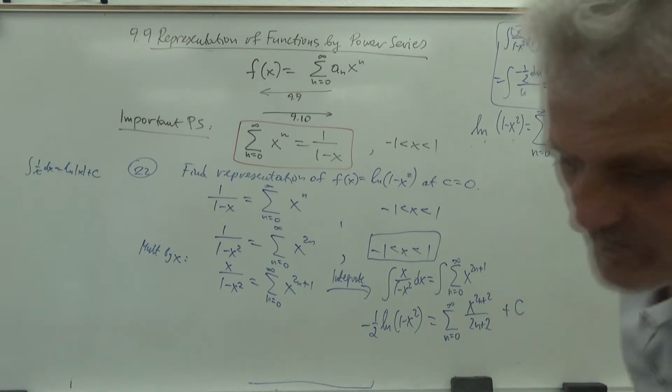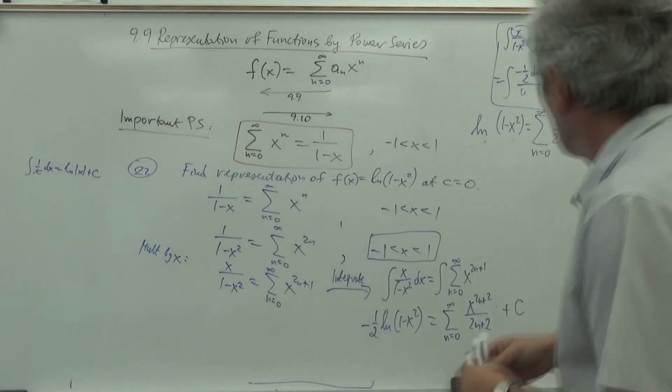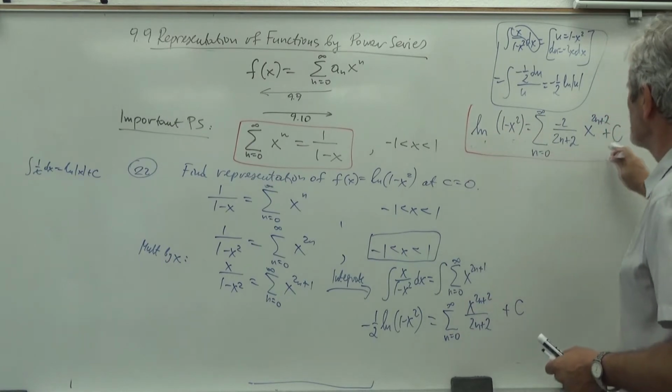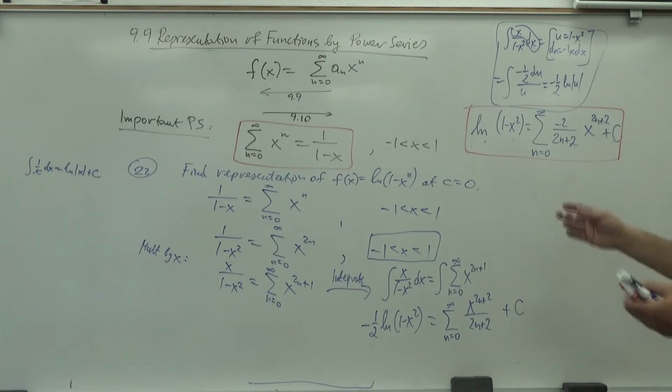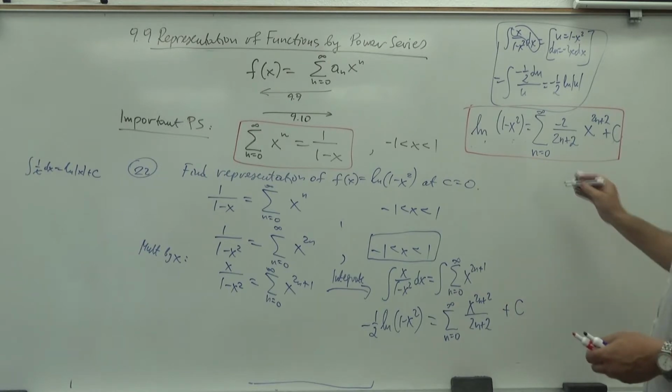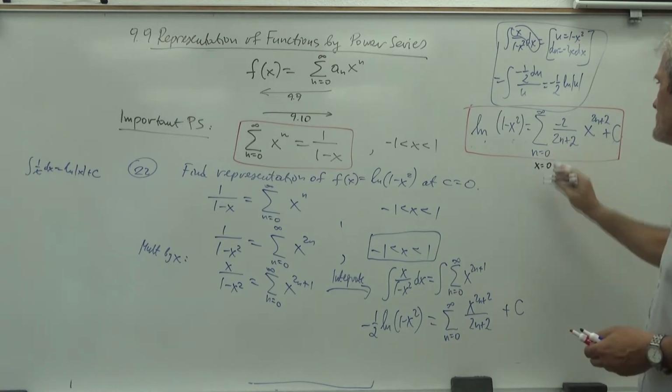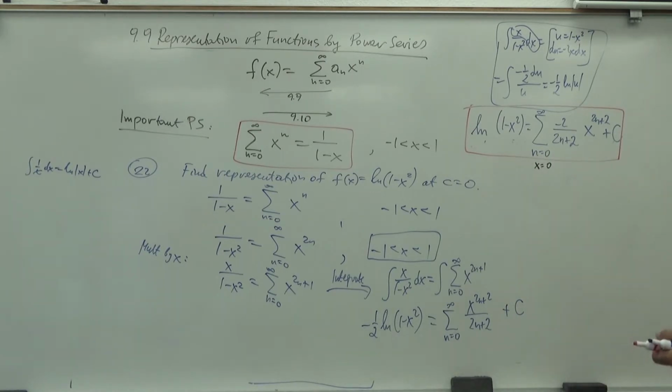So that's our almost final result, but to get the final result we have to decide what c is, because that sum is a fixed function, not something that has c ambiguity. But then what do we do? I just plug in some convenient value. Let me plug in x equals 0. So what happens on the left side?